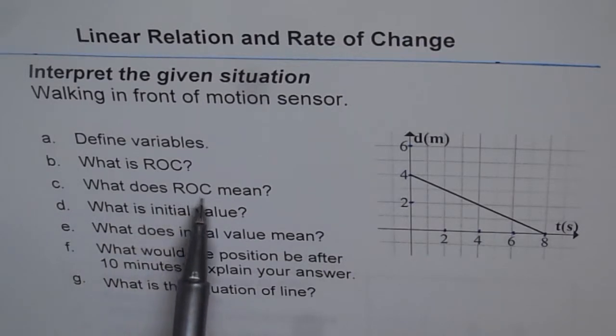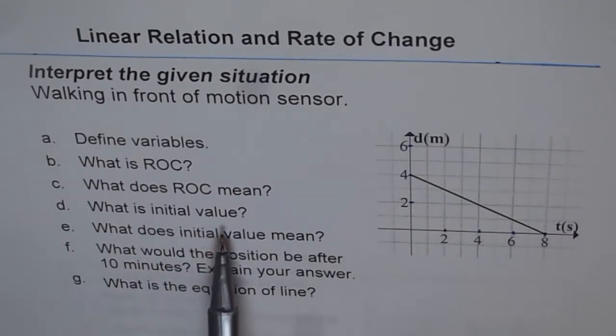What does rate of change mean in this particular situation? What is initial value? Initial value means value at time equals 0. What does initial value mean? And then what would the position be after 10 minutes? That is a very interesting question. Explain your answer.